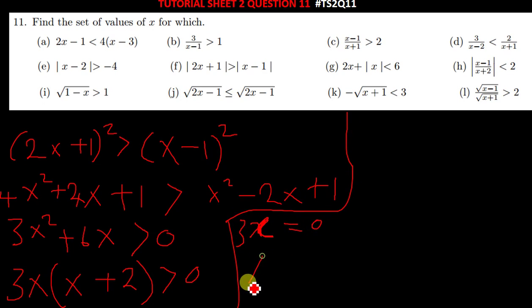The value of x that you have is equal to 0. That is the first value of x. Then the other value, you equate this to 0, so x plus 2 is equal to 0, and you take this 2 to the other side of the equal sign. You're going to have x is equal to -2.